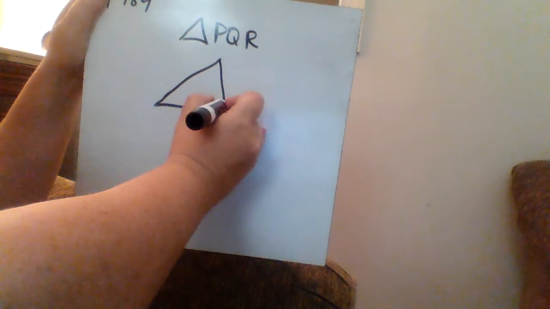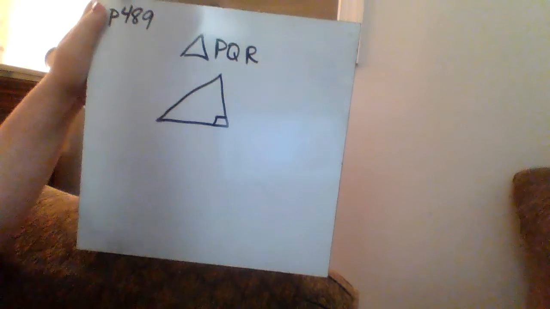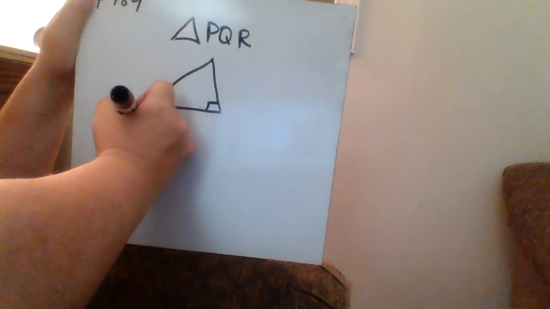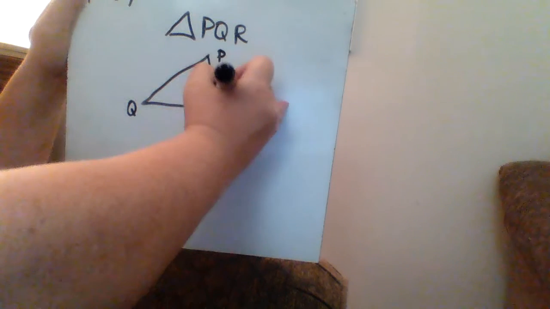If you are following along with me in your book on page 489, they give you a triangle PQR, and it is, of course, a right triangle. So our right triangle is here, and then we have Q here, P here, and R here.